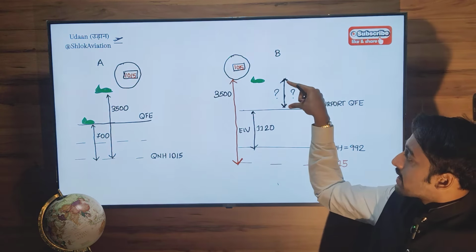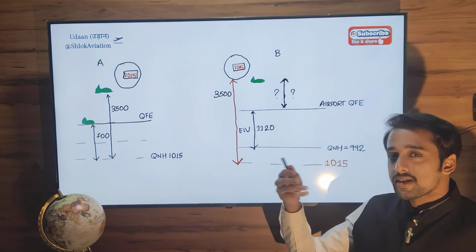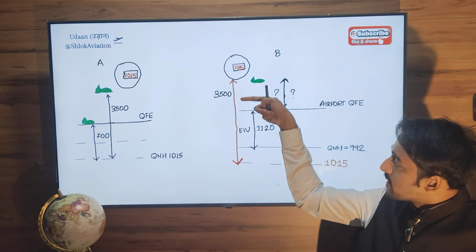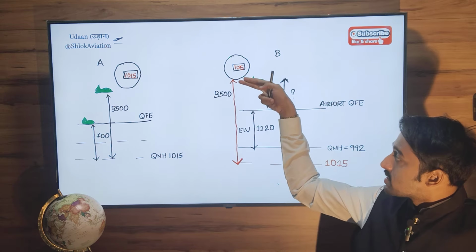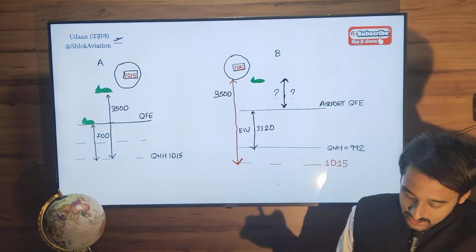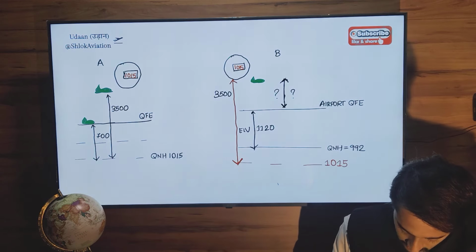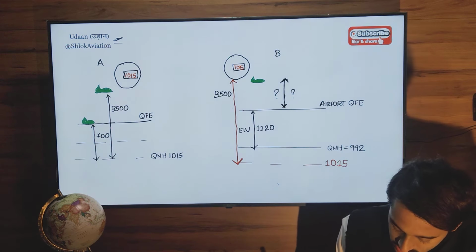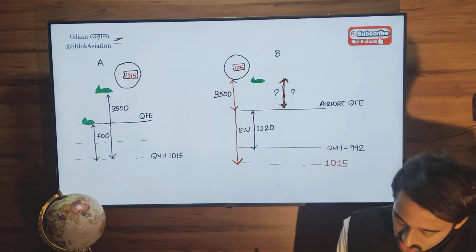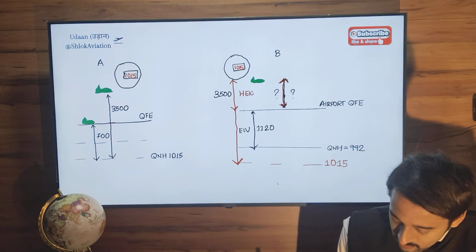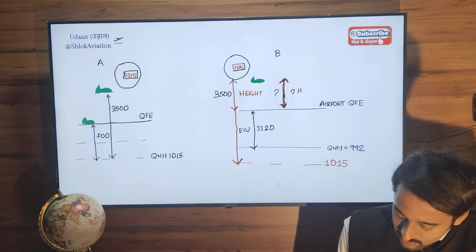Now to get this height, we will have to do some calculations. We know this entire thing is 3500. Out of this 3500, this much is your height. You agree?